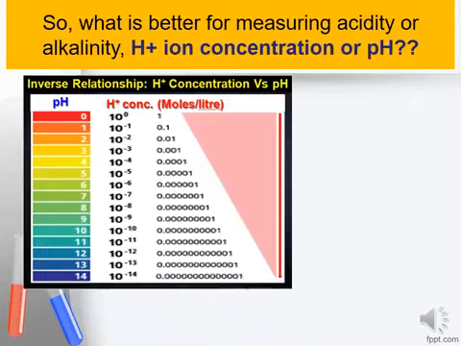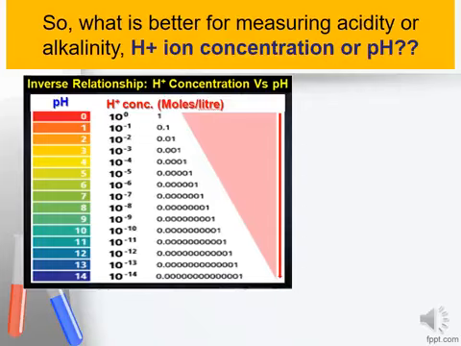pH is a logarithmic relationship with hydrogen ion concentration. So what is pH? pH is the negative log of hydrogen ion concentration.